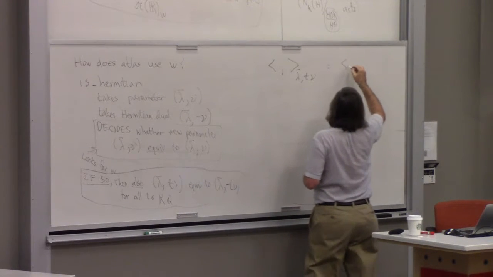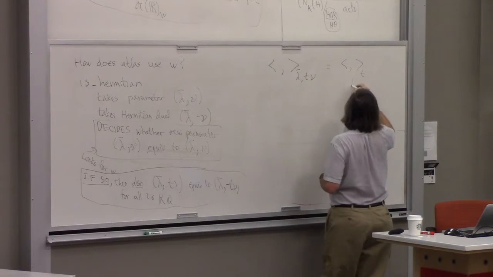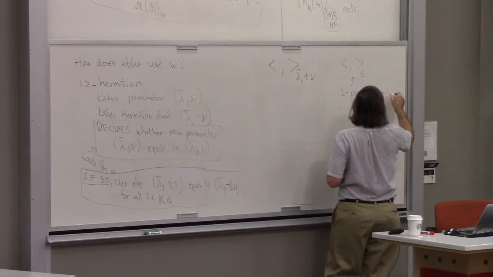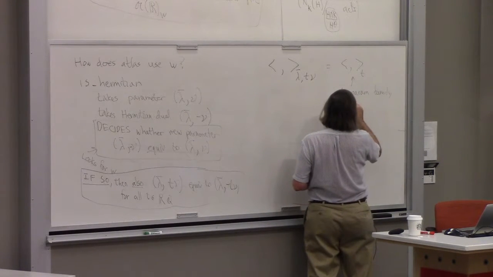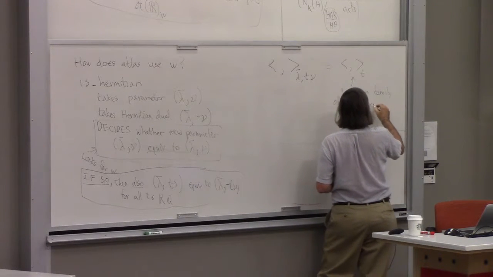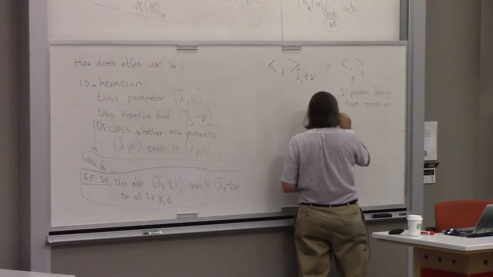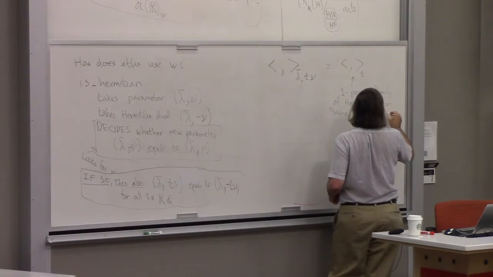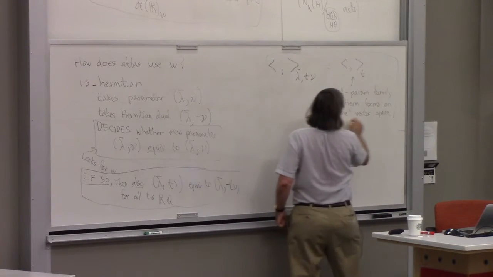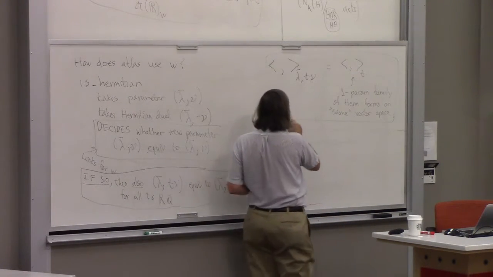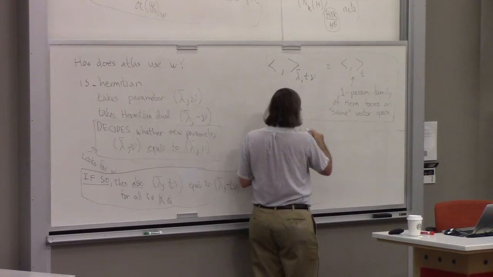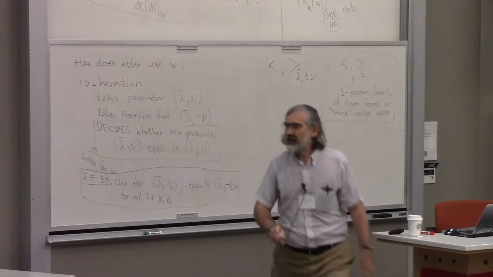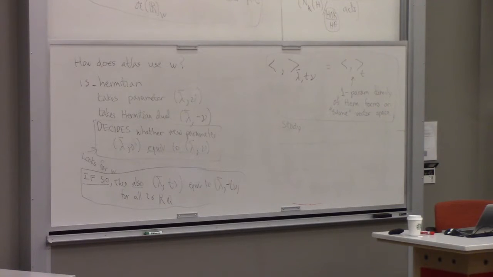This is now a one parameter family of Hermitian forms on more or less the same vector space.